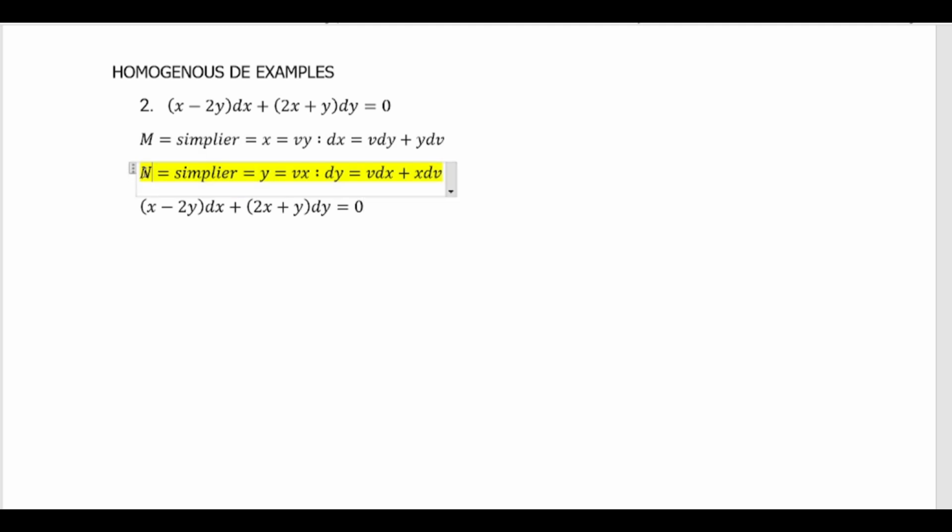So once again, since we're choosing N, all we need to do is substitute y with vx. So all letter y will be changed into vx, and all the dy will be substituted with v dx plus x dv, the derivative of y.